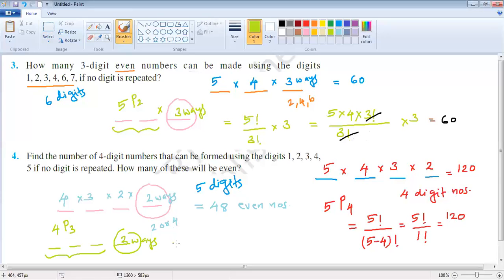So 4P3 into 2. 4P3 is 4 factorial divided by 4 minus 3, that is 1 factorial, into 2. 4 factorial is 24. 24 into 2 is equal to 48 even numbers.